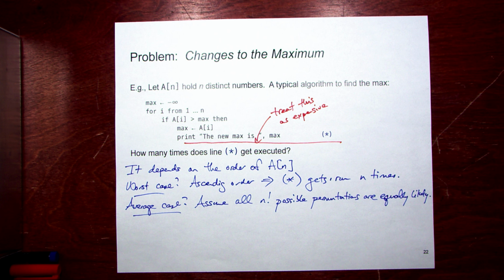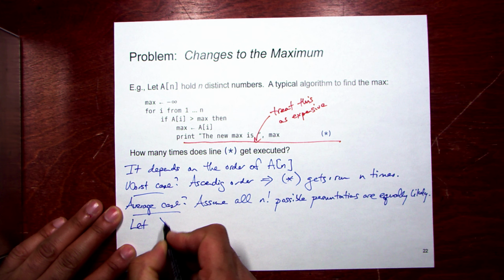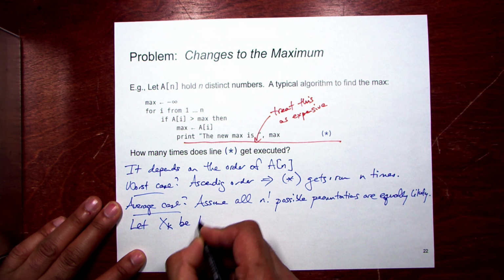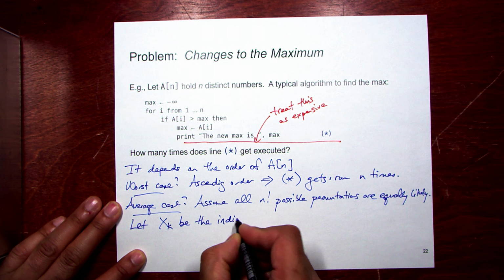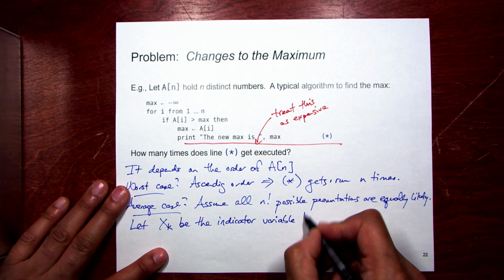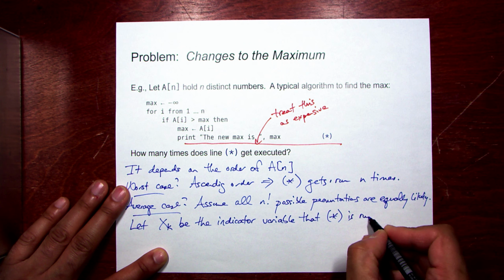Okay, so let's run this routine n times. And on the kth iteration, we're going to let x sub k be the indicator variable that this thing is run on iteration k.